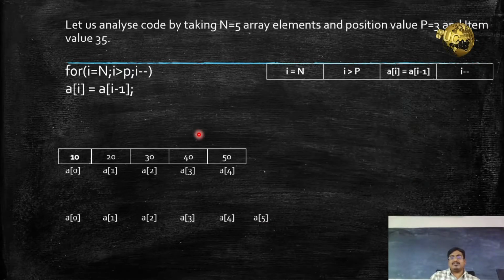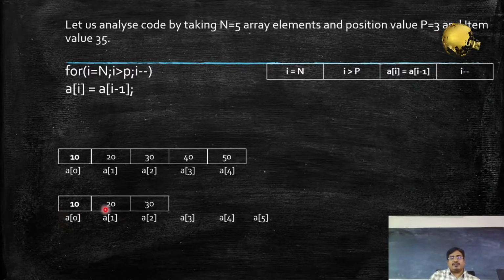Now we will see i = n, i > p, a[i] = a[i-1], i--. My n value is 5, so my i value is 5. 5 is greater than 3, so the condition is true.